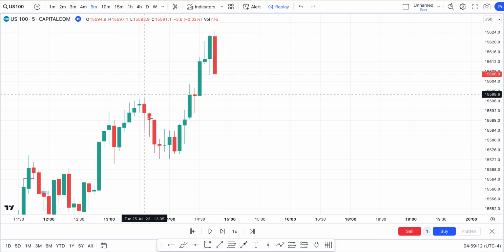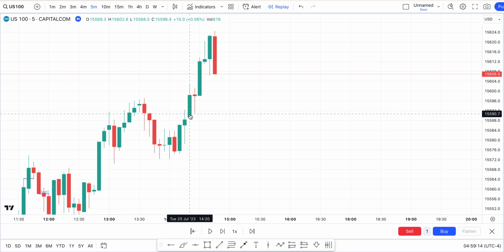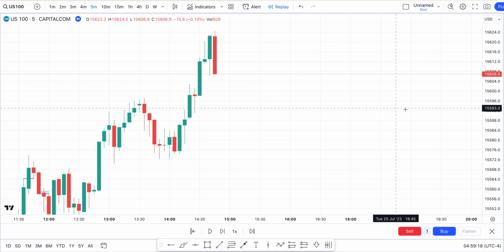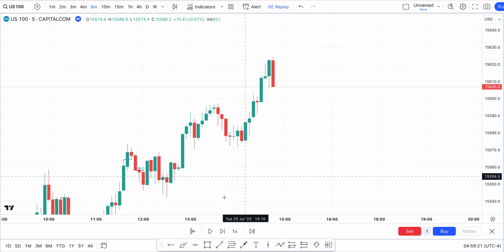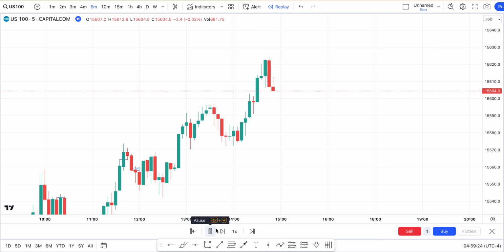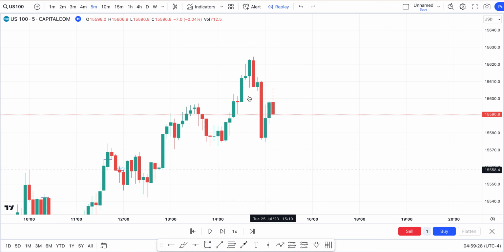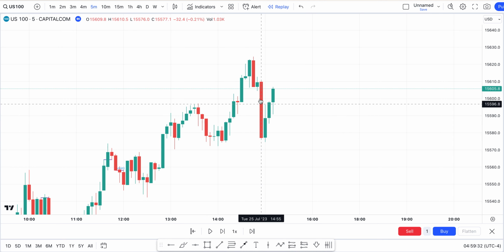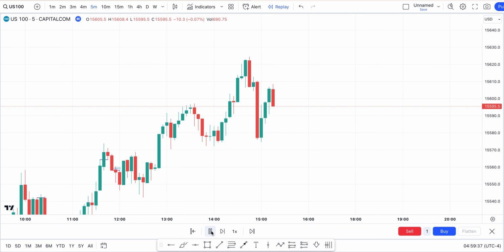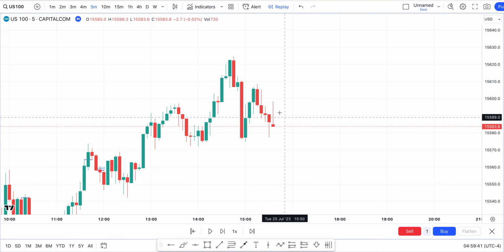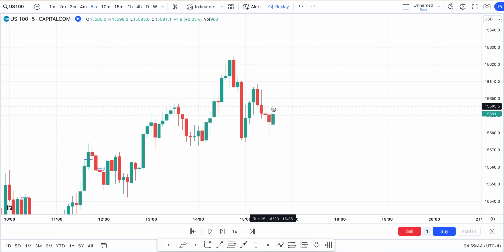No fair value gaps. Inside here's a fair value gap, no perfection. Go on. Fair value gap, no perfection. Perfection, no fair value gap.